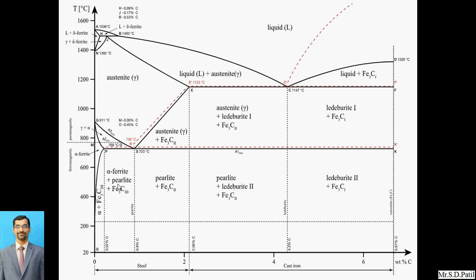The paramagnetic properties will be present over here when the alpha ferrite is there.